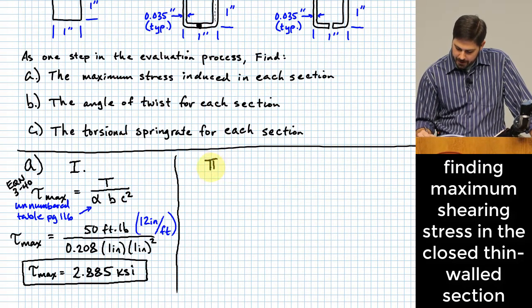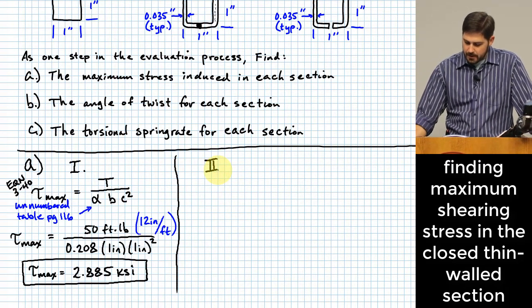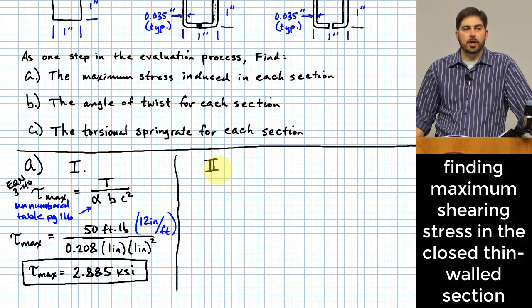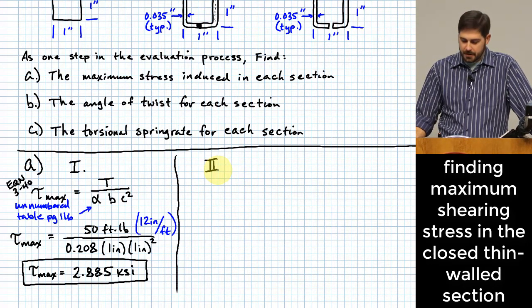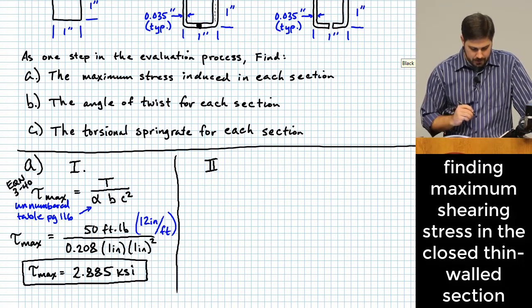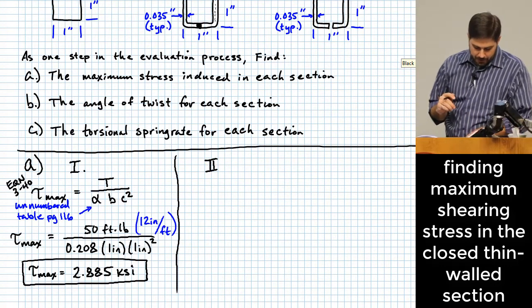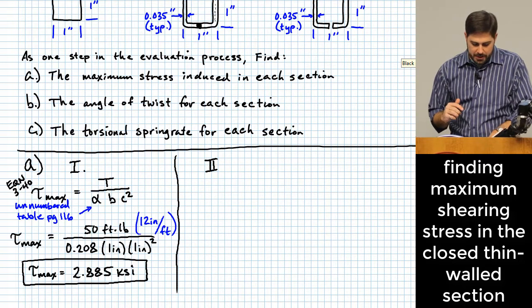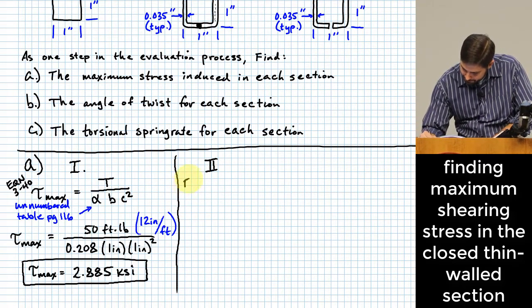Okay, for my closed, hollow cross-section that's shaped like a square with my rounded corners, the formula for that is equation 345.